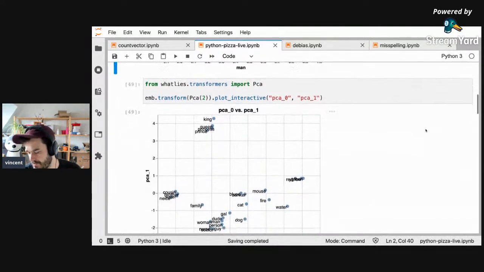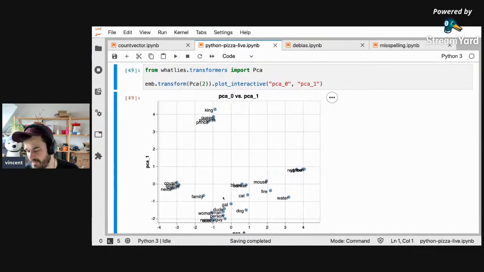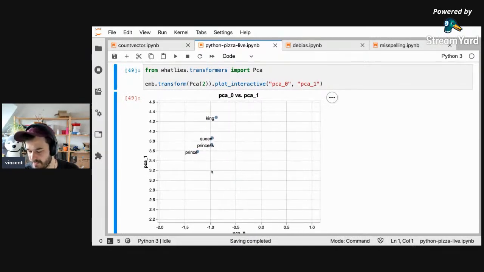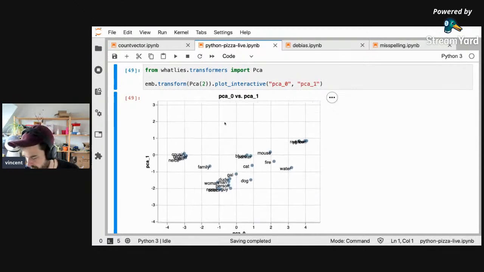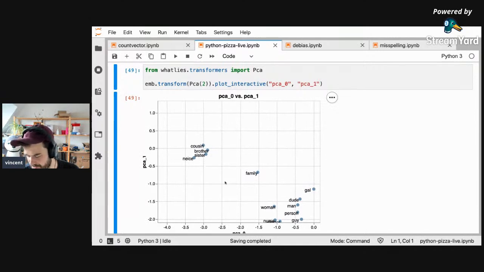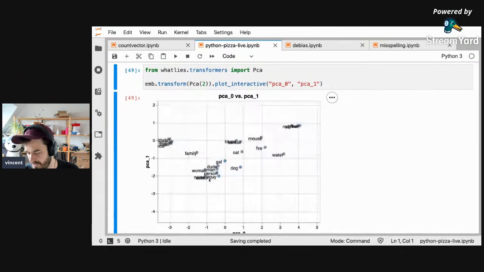But you can also apply some transformations like principal component analysis beforehand. And one thing you can then very clearly see is that in this particular case, words like prince and queen are very close to each other. And then we also have this little cluster of cousins and brothers and that sort of thing. But then we get a whole bunch of non-related words down below.